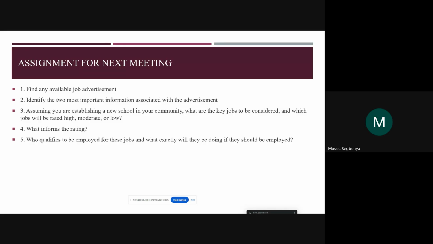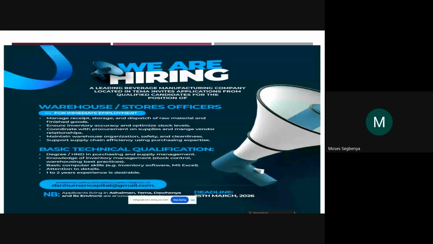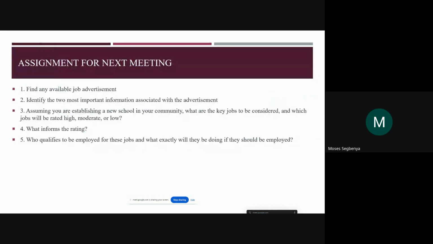And 2, identify the 2 most important information. Assuming I ask you to group everything here into 2, what would be the 2 basic categorizations of the information on this paper? Because this is a job advert. Then, you are supposed to assume that you are putting up a new school in your community. What are the key jobs that you'll be considering?